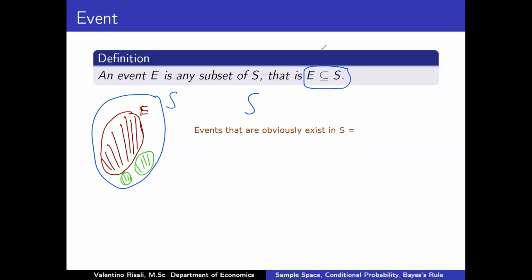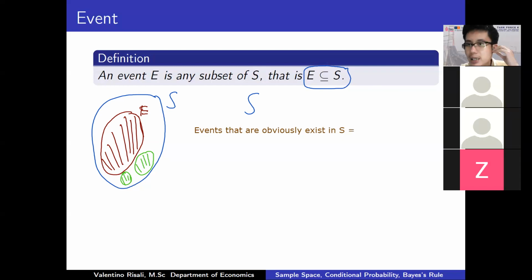From our theory, a set can become a subset of S if all of the elements in E are also in S. Do you know what is the event that clearly exists in S for every set?